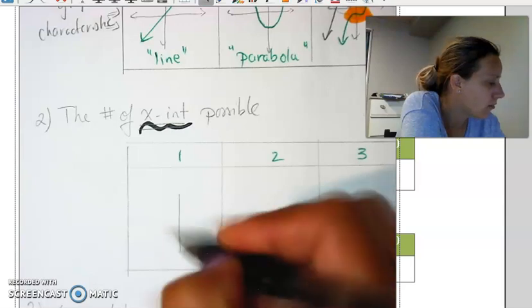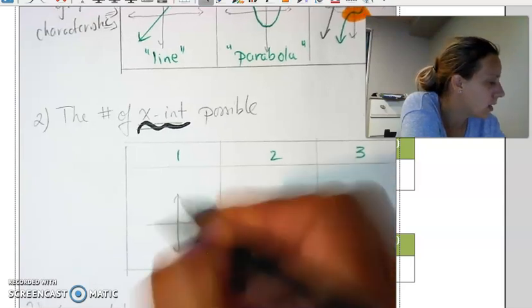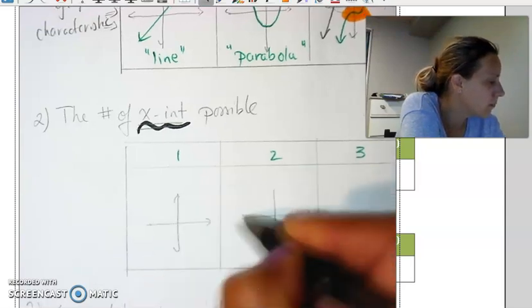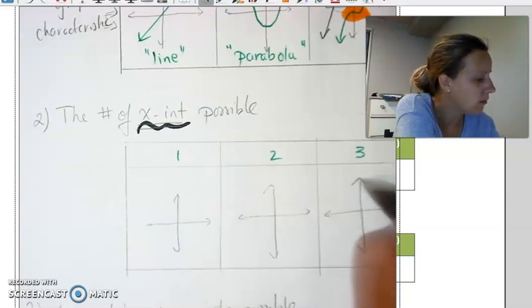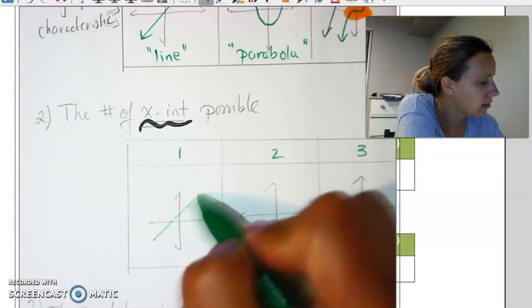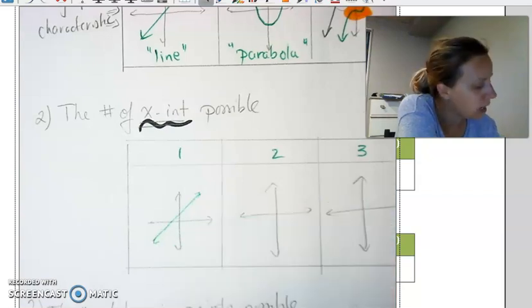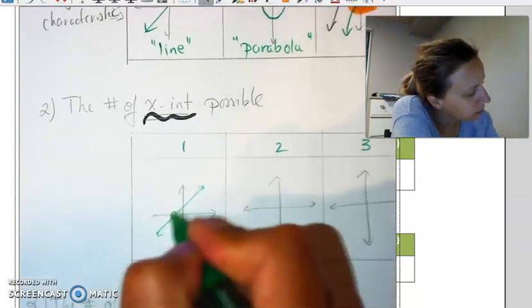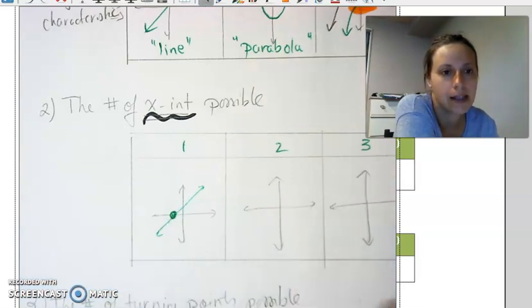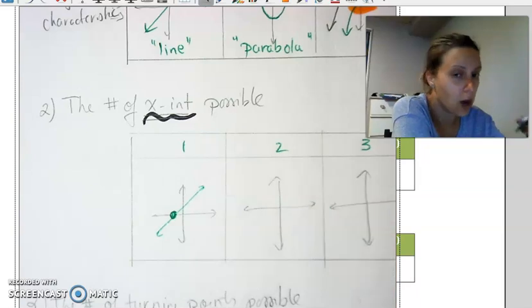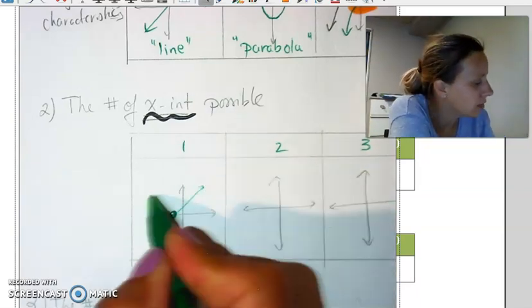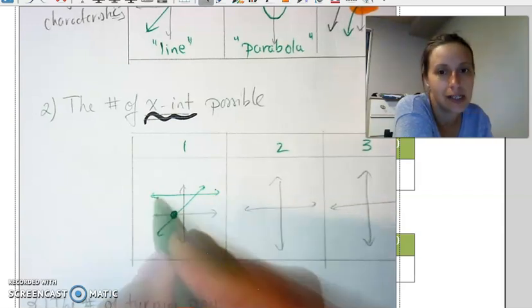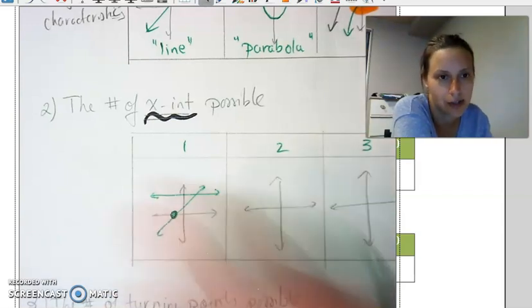So that's why it's a graph characteristic. Let's graph the Cartesian planes really quickly there in the boxes. And now, if I graph a line, and this is just an example, how many times possible can that line cross the x-axis? It can cross once. If it's one of these lines, a horizontal line like that, it's actually 0, right? So it doesn't cross at all.